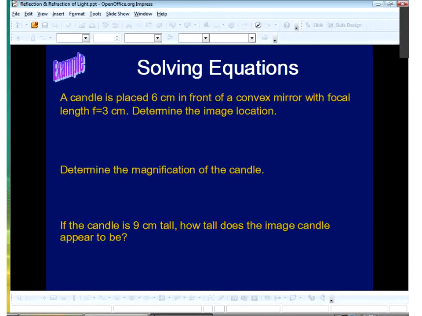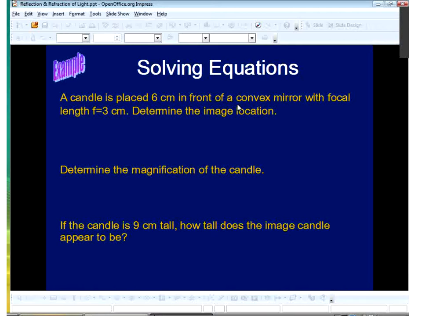Determine the image location. Two centimeter to the right or left?